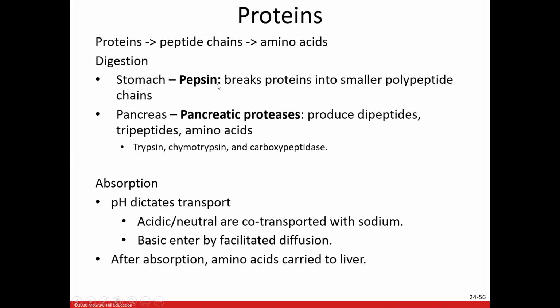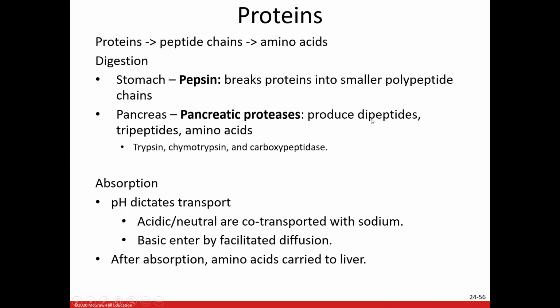In your stomach, you have that compound pepsin that gets converted from pepsinogen, remember, by hydrochloric acid. Those break down your proteins into the smaller polypeptide chains. And then in your pancreas, you have the pancreatic proteases, and ultimately these make dipeptides, tripeptides, and amino acids.